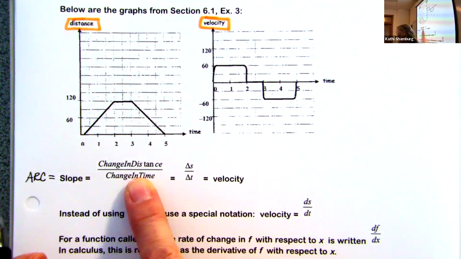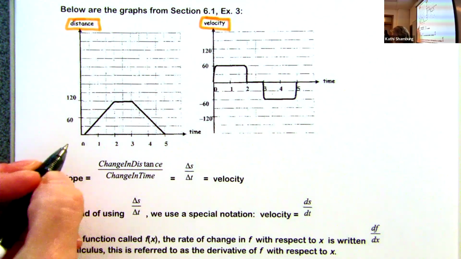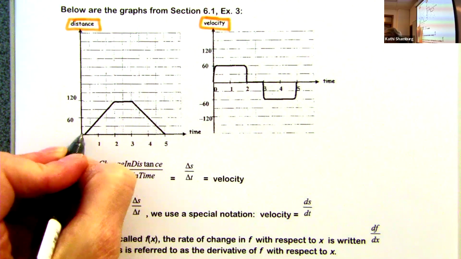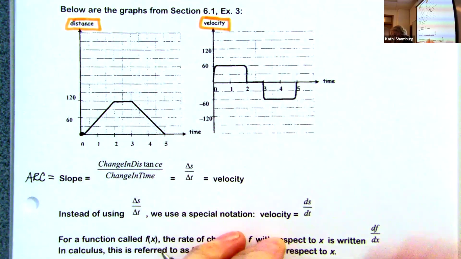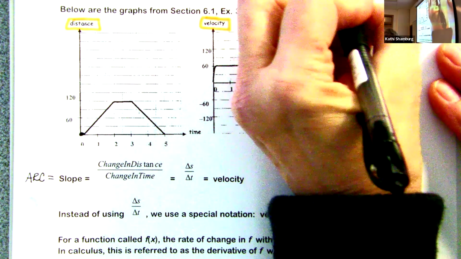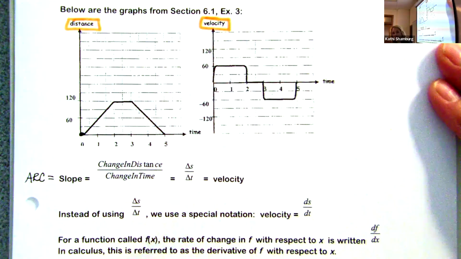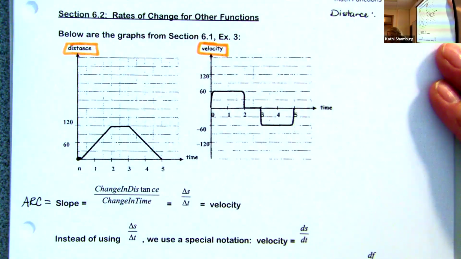So this slope right here is talking about my distance. Okay, so let's take a look at this, it should be right in the corner. This is in relationship to distance. I want to talk about our average rates of change.